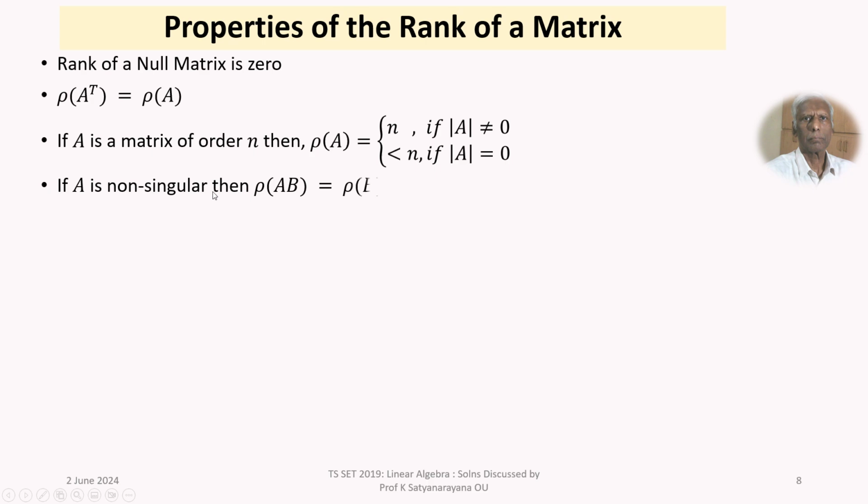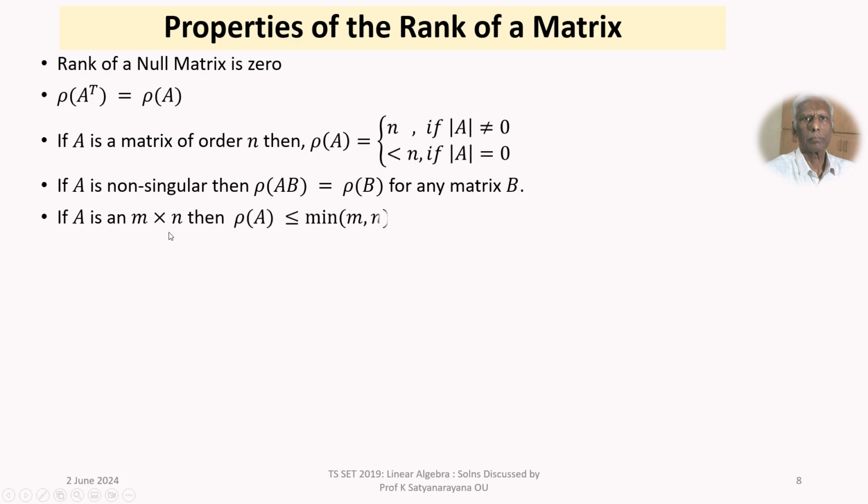If A is non-singular, then the rank of AB is equal to the rank of B for any matrix B which is compatible for multiplication with A. Not only this, rank of BA is also rank of B when A is non-singular.